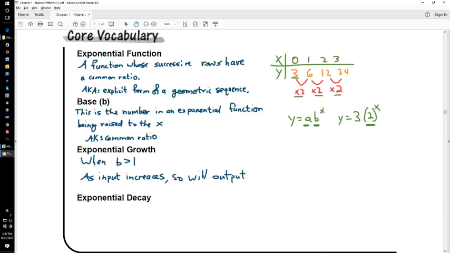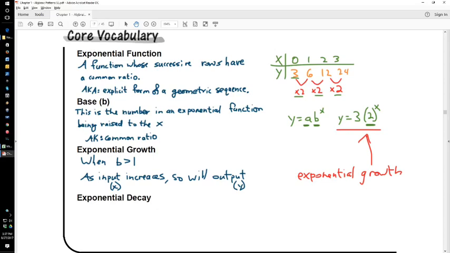So as the input, aka x, increases, so will the output, aka y. For example, this one up here is exponential growth, because as x gets bigger, when x is 4, it's going to be even bigger when x is 6, even bigger when x is 8, that sort of thing.